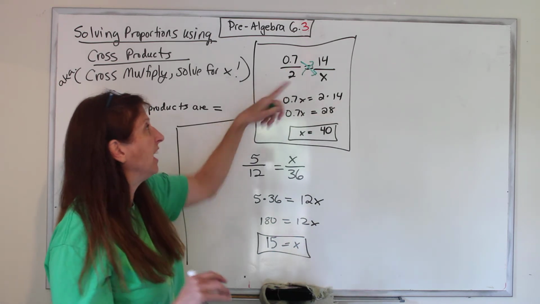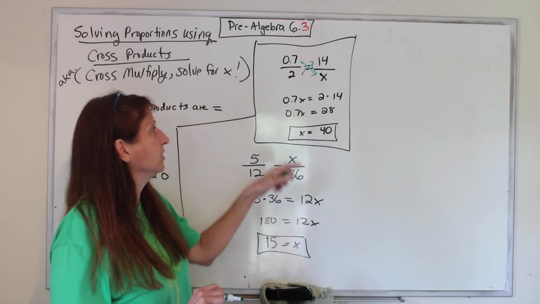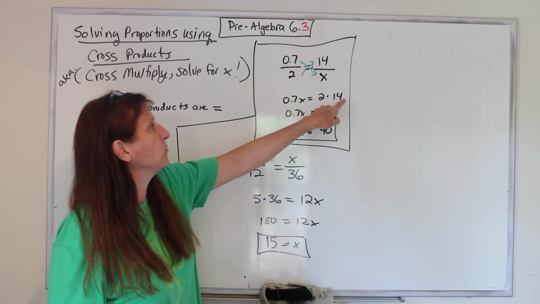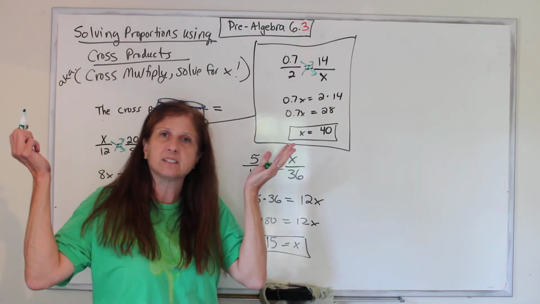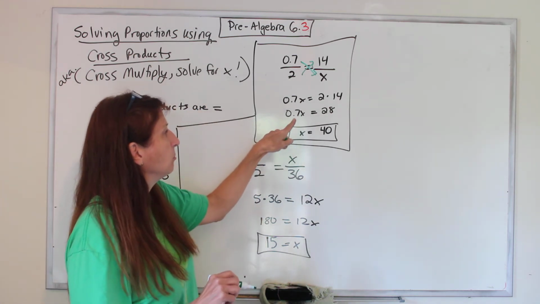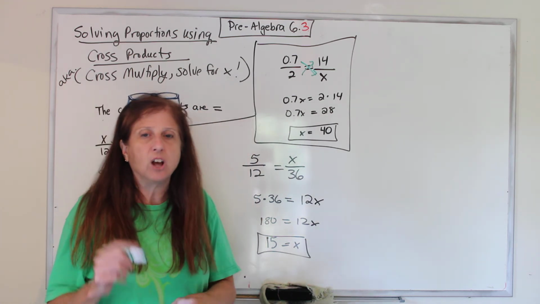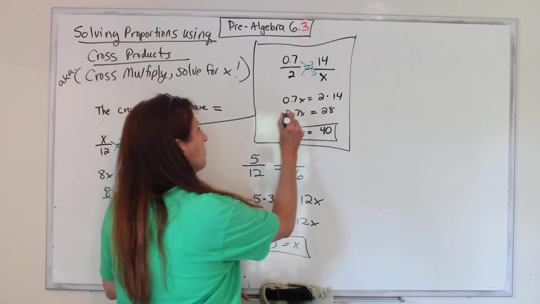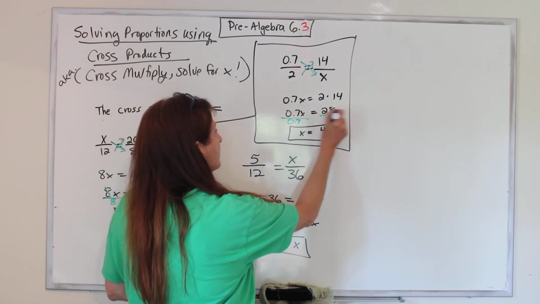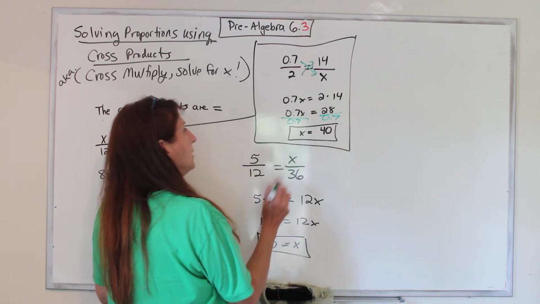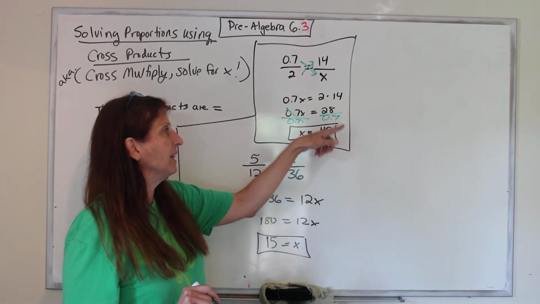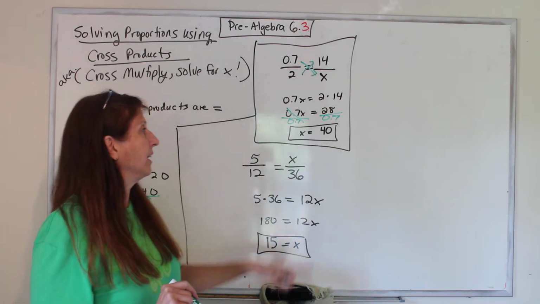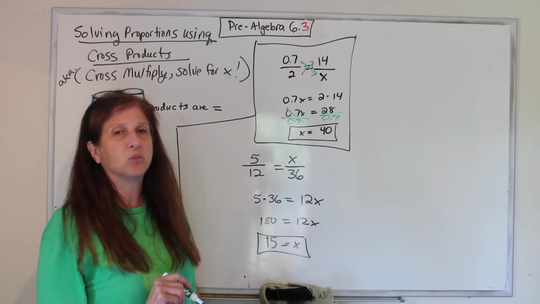This is showing us that the numbers can look weird, and we can still do it. 2 times 14 is 28, and now we ask the question, why is x not alone? It's being multiplied by 0.7. What's the opposite of multiplied by 0.7? Divide by 0.7. What you do to one side, you do to the other. Those cancel out. With these, I would do that on my calculator, and it tells me x equals 40.